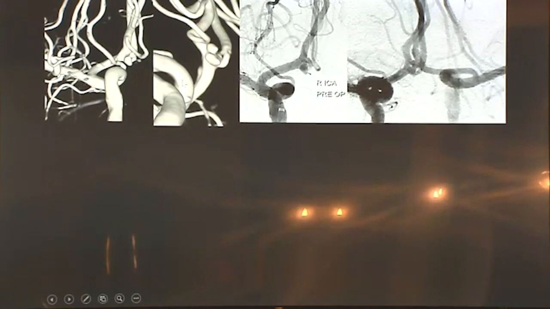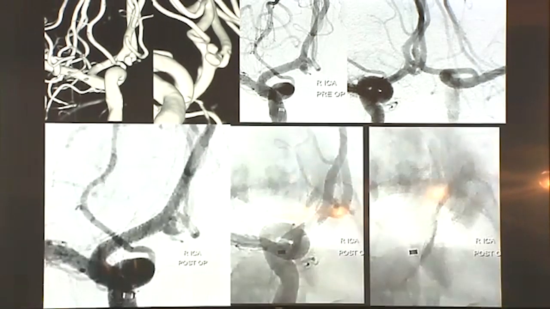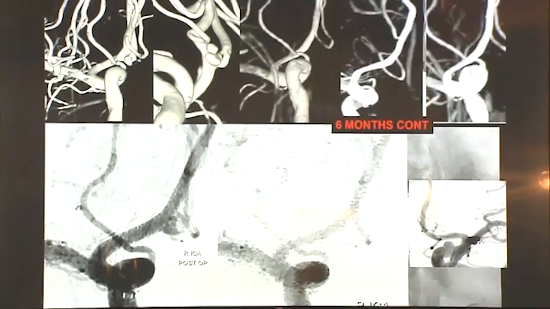Another example, A1, A2 junction, 2 blebs. There's a hypoplastic A1 on the other side to start with. There is fenestration, and the pipeline device was placed, and this was how it looked like at 6 months.